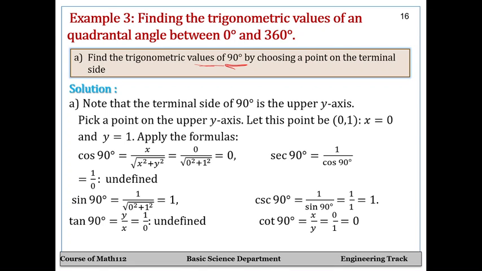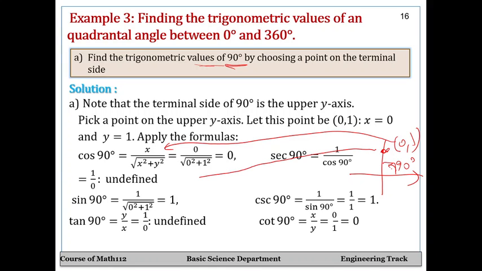We did that before, so you can take (0, 1) here, it's 90 degrees, and then use it in the formulas for cosine, sine, tangent, cosecant, and cotangent, all of them with the x and y formulas.